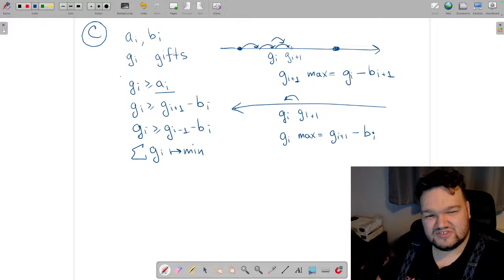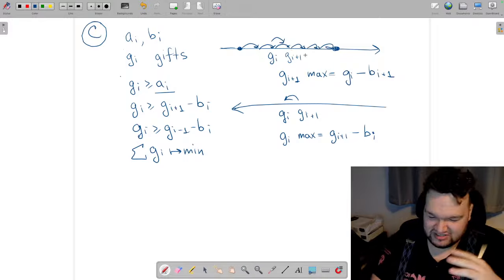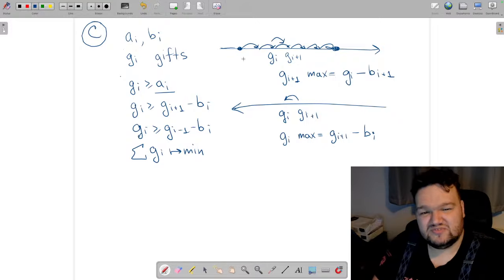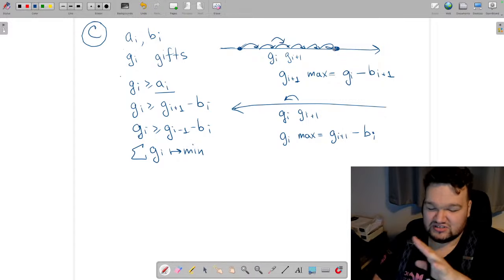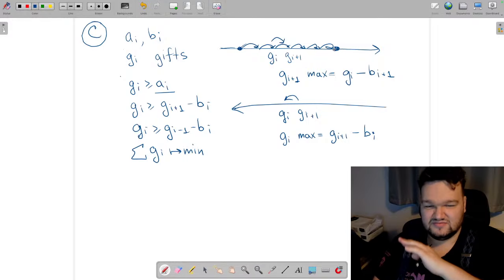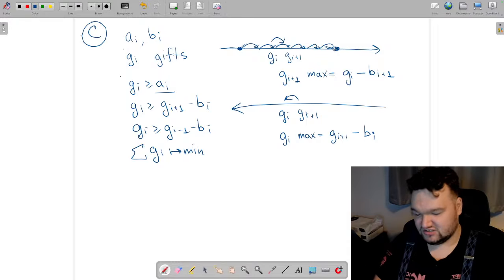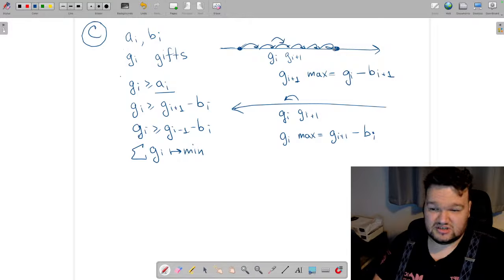We cannot do steps in both directions because that doesn't provide stricter restrictions, but we can have a long chain of restrictions that moves in one direction. So to process all those chains, we just go from left to right once and then from right to left once, and that's it. The solution is linear in N.